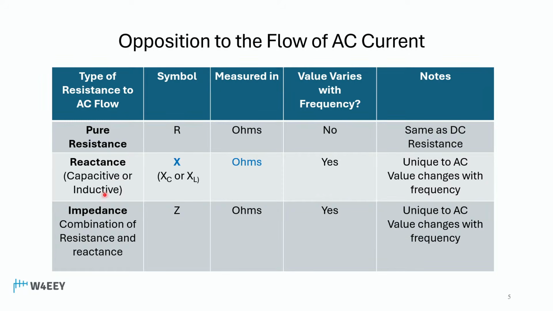Notice that all three of these forms of opposition to the flow of AC current are measured in ohms. That implies something, and what it implies is that you can use the Ohm's law formula, sometimes with some modification, to solve any of the problems related to reactance and impedance. It can be kind of confusing at first until you realize that the opposition to the flow of AC current is always measured in ohms.